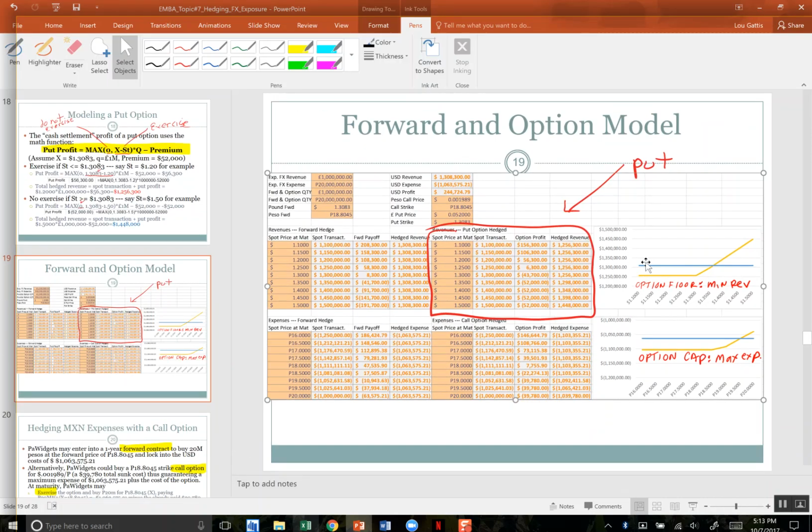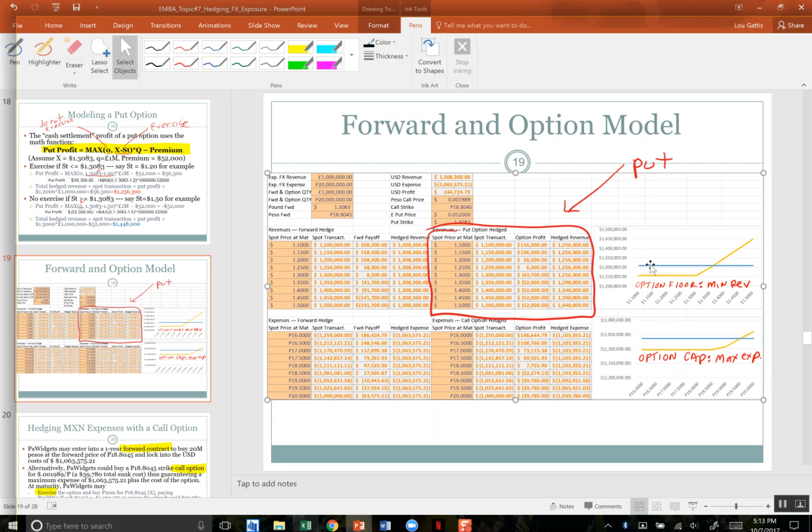So here's the end spreadsheet. If I get a forward contract to sell the pounds, this is what my exposure looks like. It's flat. There is no exposure.